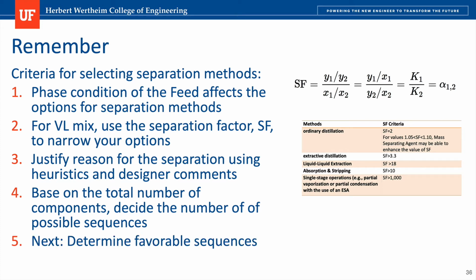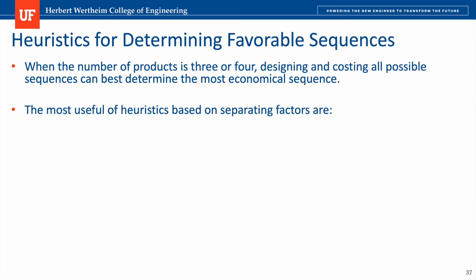Then the next step is to determine what is the favorable sequence. We already know that we have maybe 5 or 6 options that we can arrange our separation train, but now we need to use some heuristics to help guide our decision. So when the number of products is 3 or 4 components in a stream, you are trying to design and cost all the sequences in a way that you find the most economical sequence at the end.